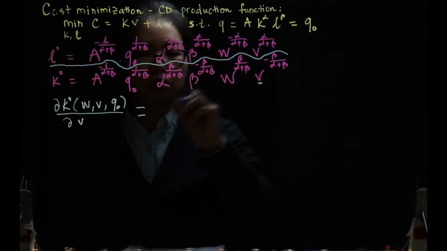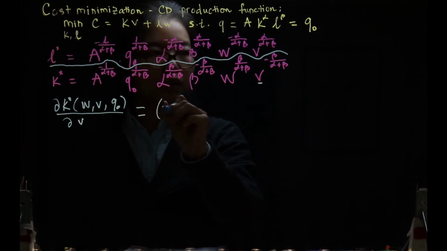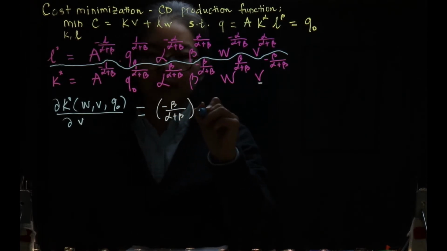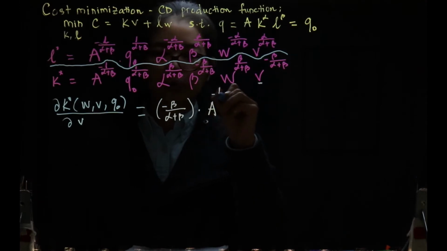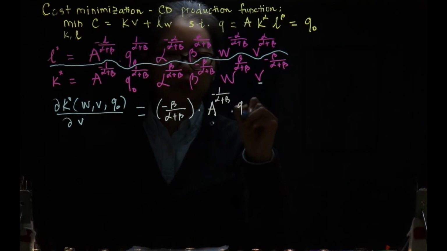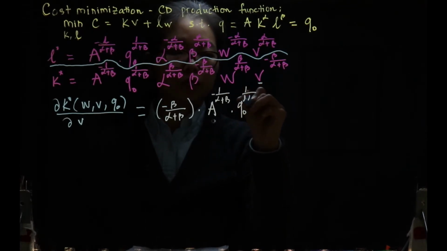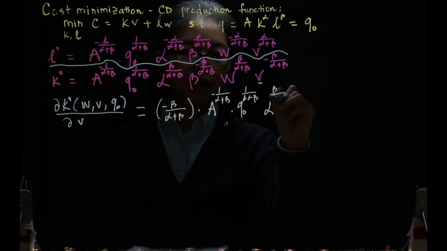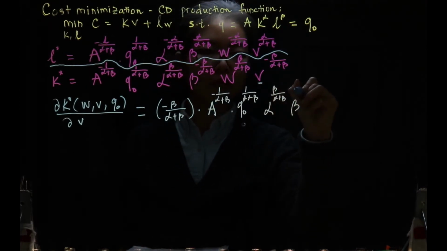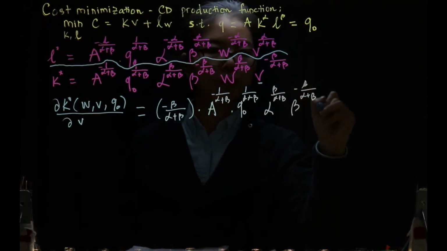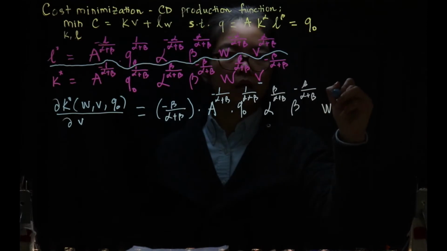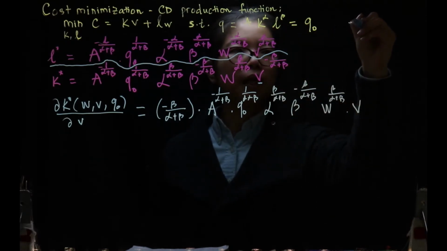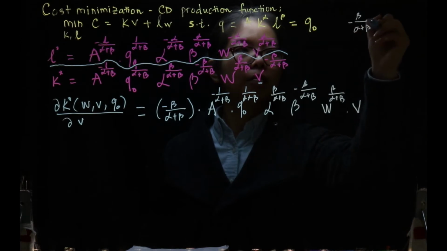Because of the power of minus beta over alpha plus beta, the exponent goes first, minus beta over alpha plus beta, times A to the power of minus 1 over alpha plus beta, times Q0 to the power of 1 over alpha plus beta, times alpha over beta, then times W, nothing changes, to the power of alpha plus beta, and times V to the power of minus beta over alpha plus beta minus 1.